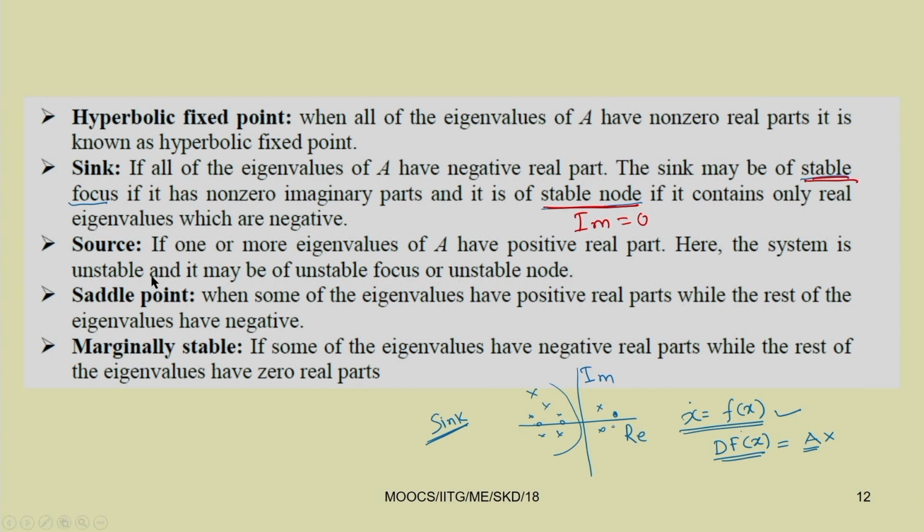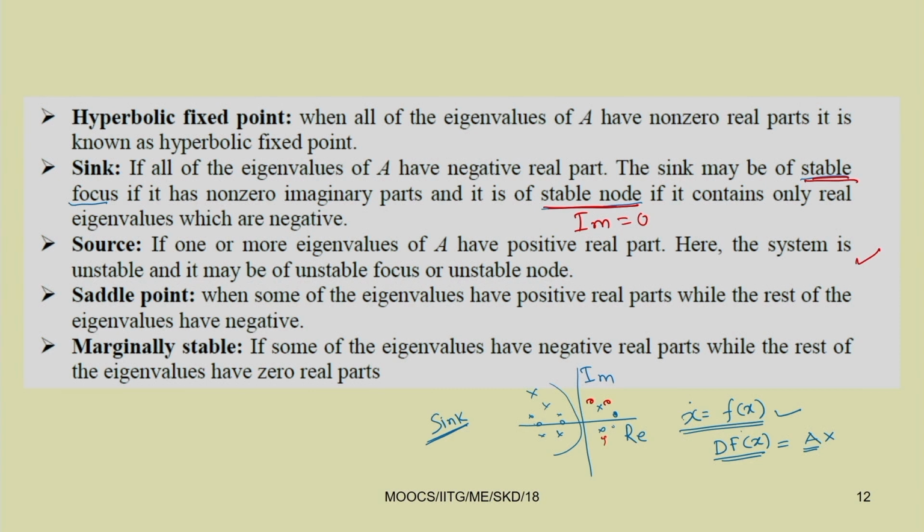Then source: if one or more of the eigenvalues of A have positive real parts, then some of the roots or eigenvalues will be on the right hand side of the S plane. In that case it is known as a source. Here the system is unstable and may be an unstable focus or unstable node.